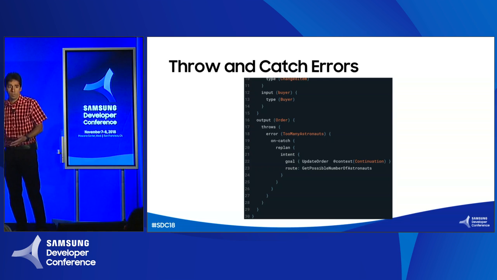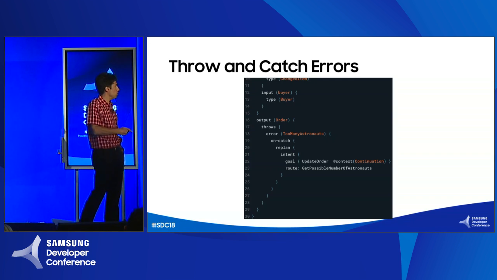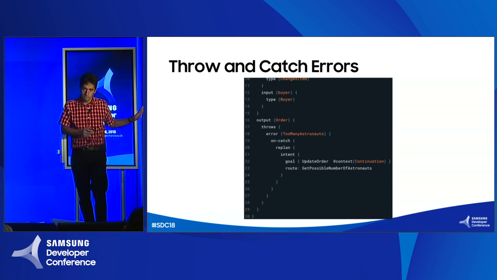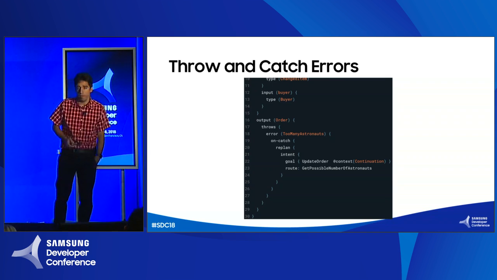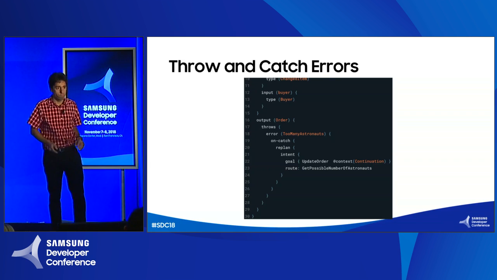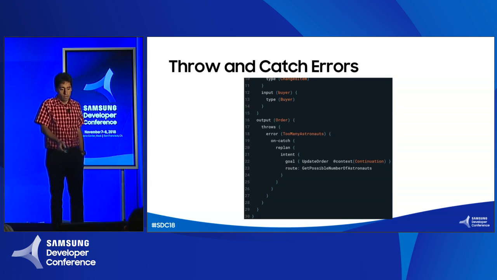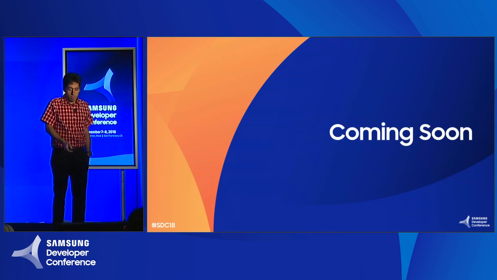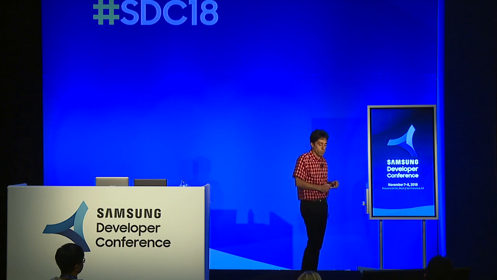Let's say the JavaScript action implementation would just throw an error saying there are too many astronauts, and then we decide how to treat that error. Again, refer to the documentation. It's just here as a pointer for you to know. And that's basically the things that we can do to improve the experience.